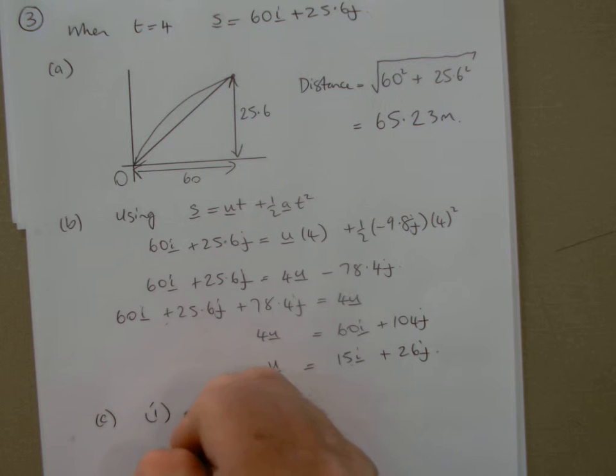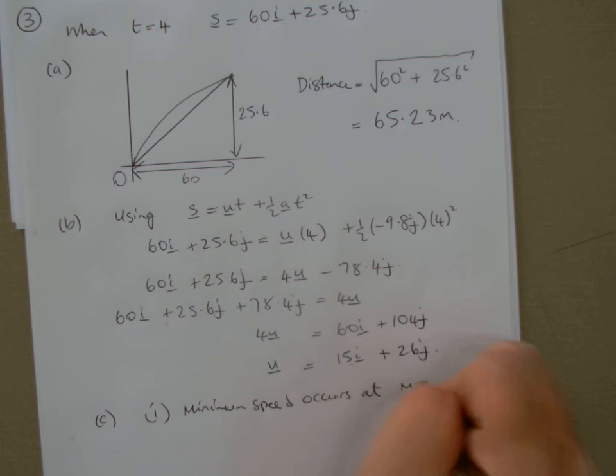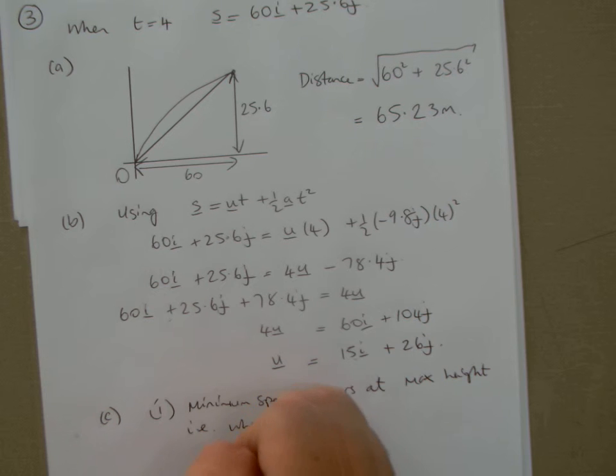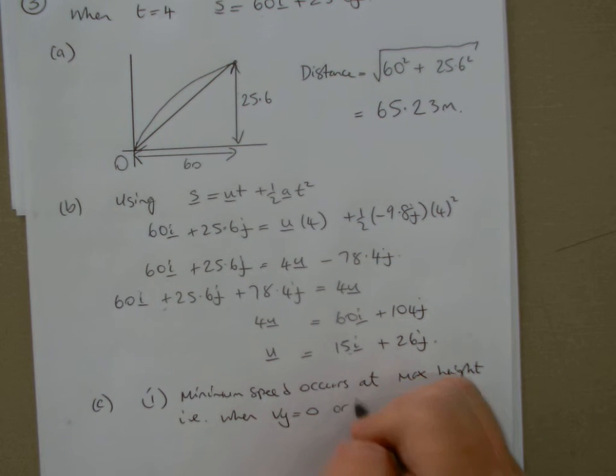So we could say minimum speed occurs at max height, i.e. when the velocity in the y direction is 0, or the j component is 0.